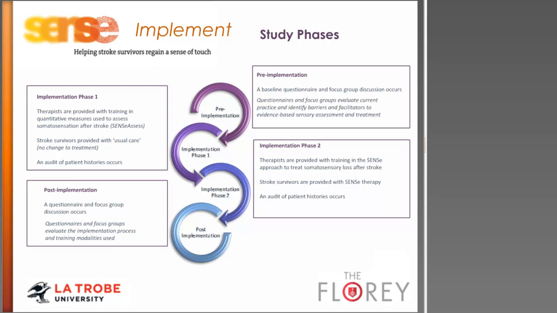One is changing practices around how you assess somatosensory loss after stroke, and phase 2 is really focused on changing practice around treatment. So in phase 1, we have structured it by having a series of 2 2-hour workshops where we provide training in how to use the equipment and how you would record measures of somatosensation.